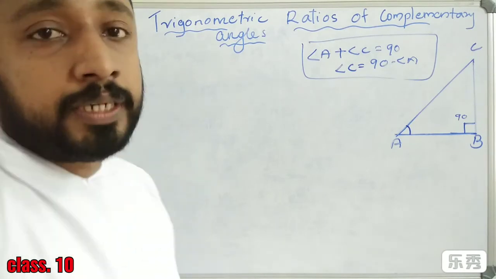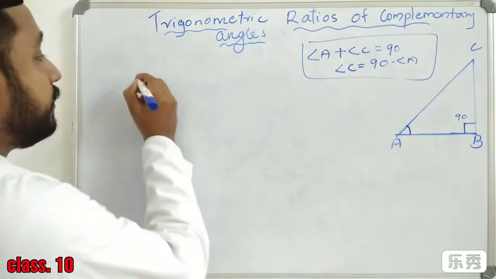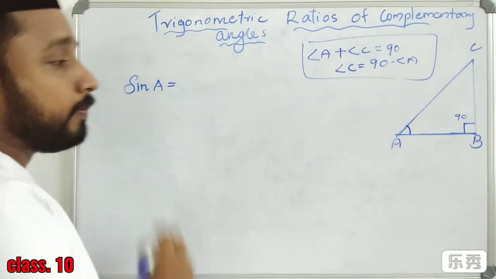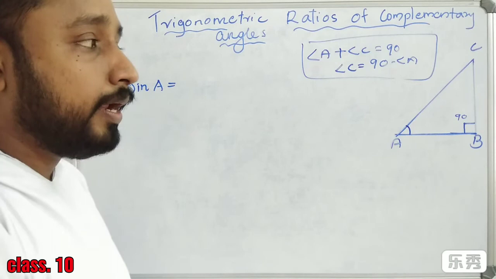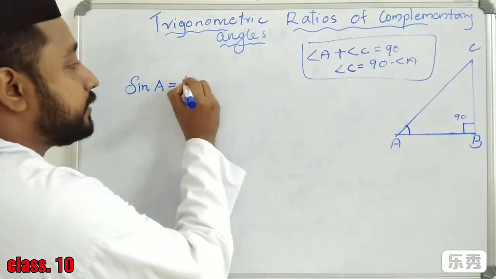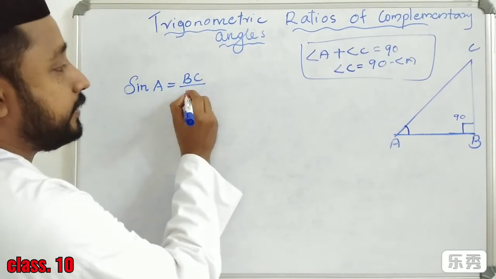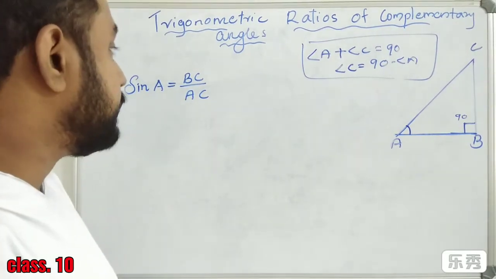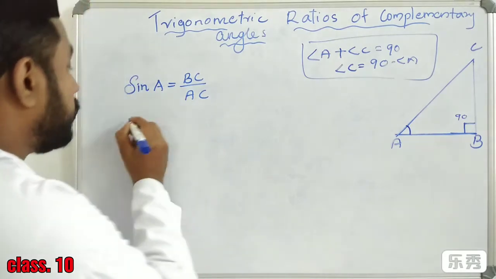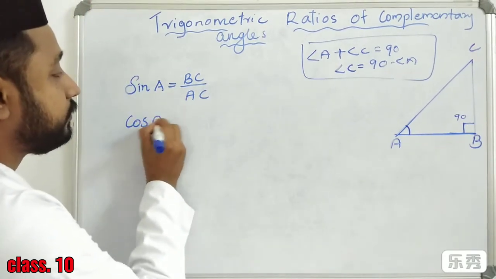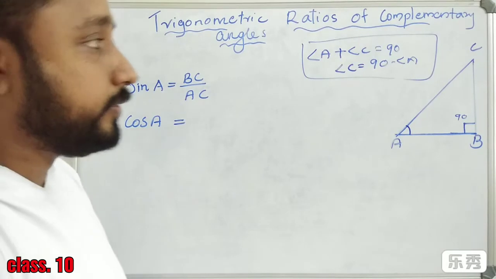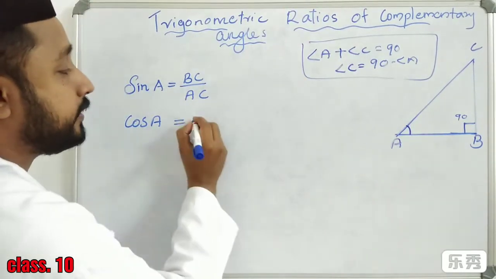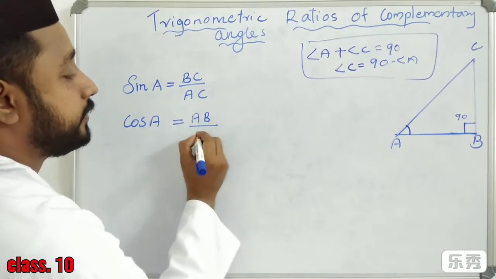Now, we are going to consider trigonometric ratios. First one, sine A. What is the formula for sine A? Opposite side by hypotenuse. That is BC by AC. Sin A is equal to BC by AC. Cos A is equal to adjacent side by hypotenuse, that is AB by AC.